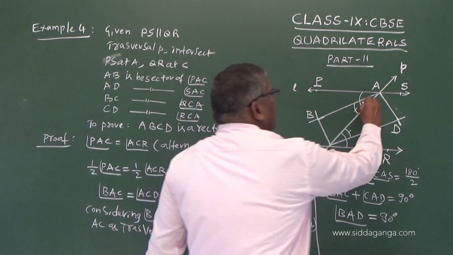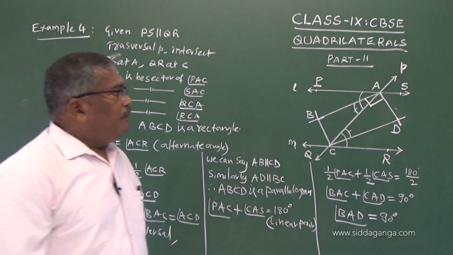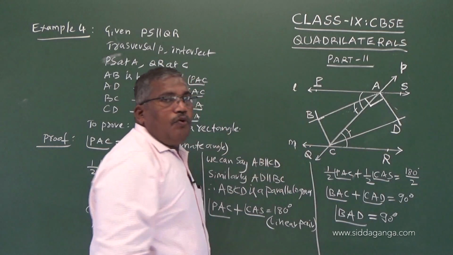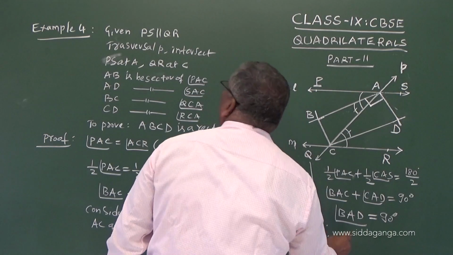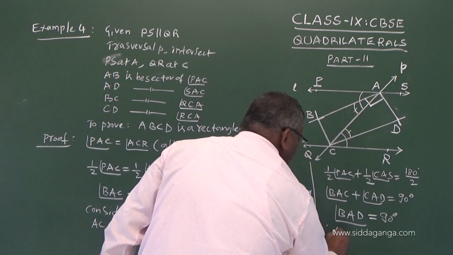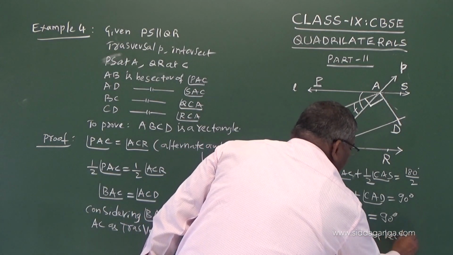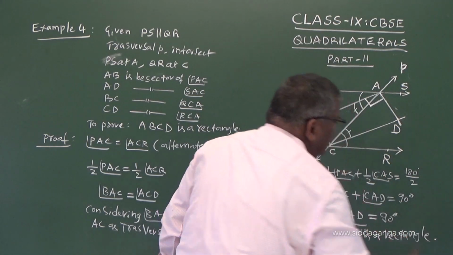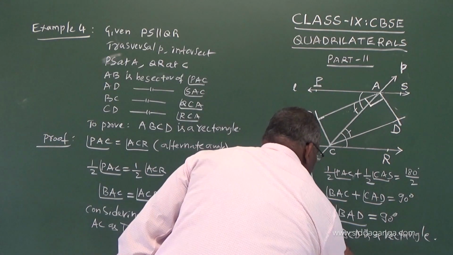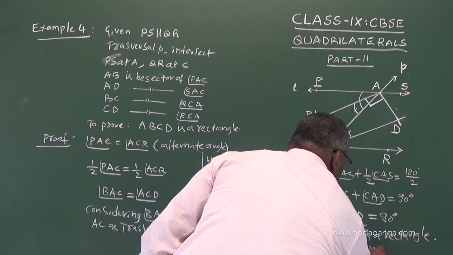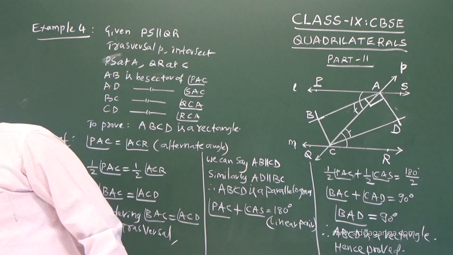When one angle is 90 degrees, this is what we have proved, therefore ABCD is a rectangle. Hence proved.